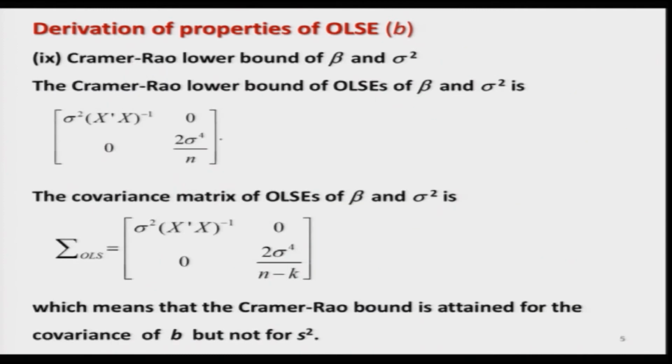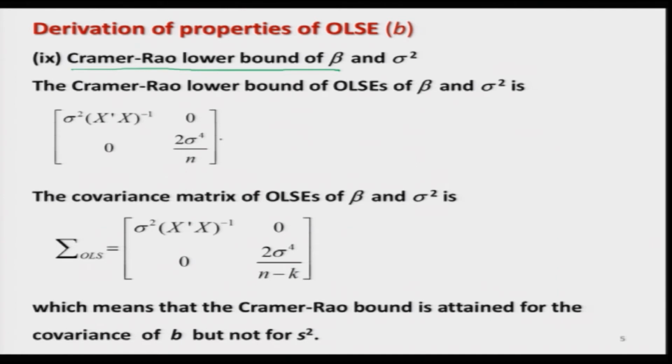Similarly, there is another property in statistics called the Cramer-Rao lower bound. The Cramer-Rao lower bound gives us the minimum variance which an estimator can achieve. That means the variance cannot go beyond that limit.